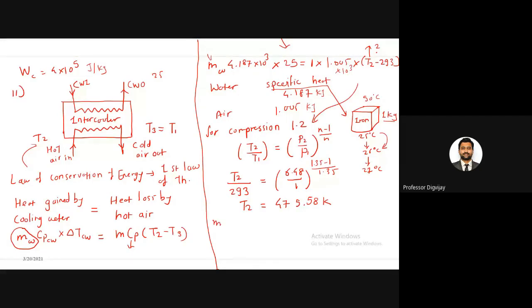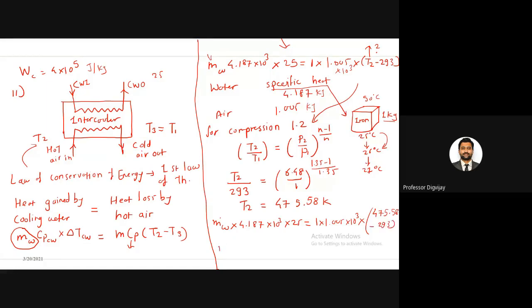So this will be mass flow rate of water into 4.187 into 10 to power 3 into 25 equal to 1 into 1.005 into 10 to power 3 into T2, here it is 475.58 minus 293.